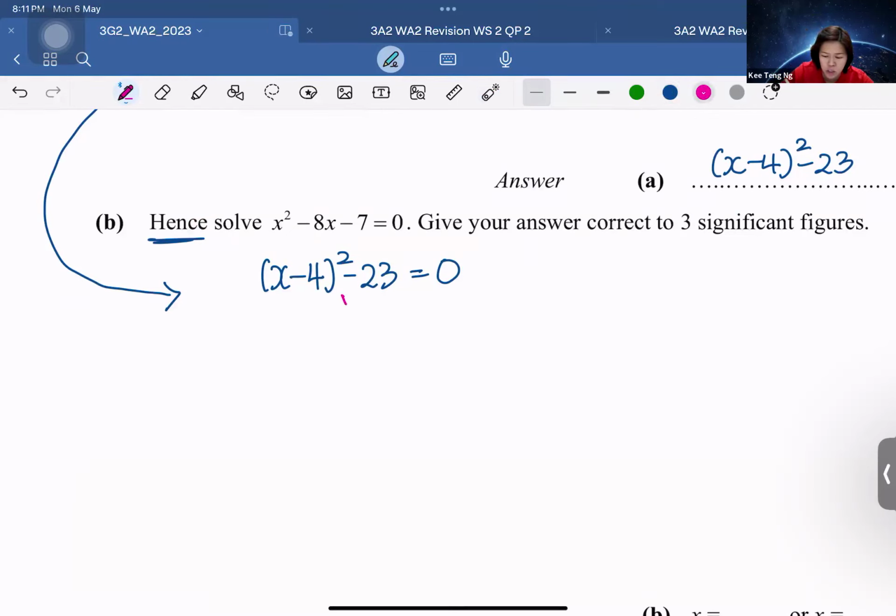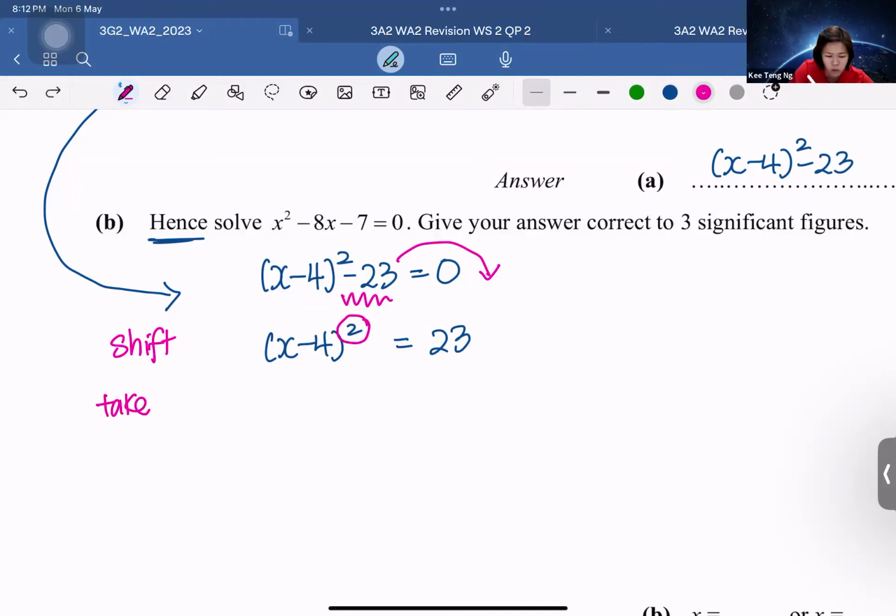Then what do we need to do? First step, shift the negative 23 over. I'll get x minus 4 whole thing square, negative 23 go over there, become positive 23. Second step, how to get rid of the square? We take square root.